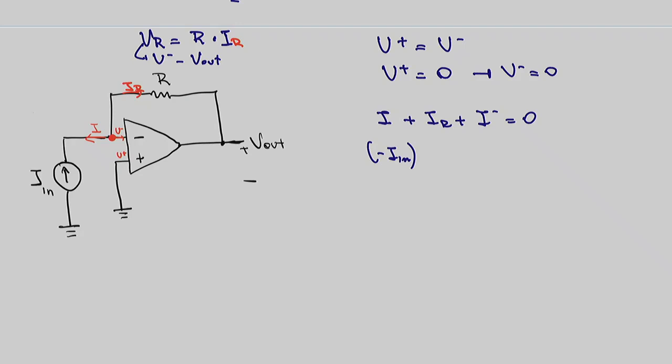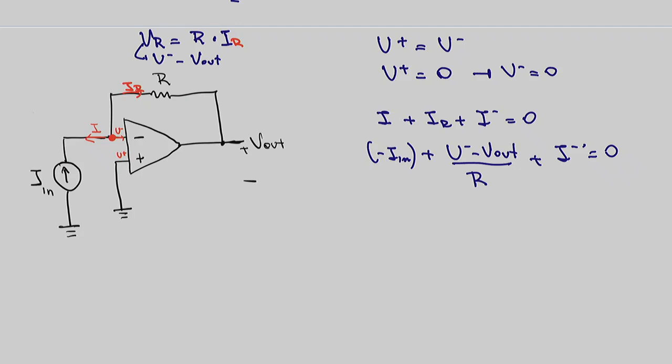Plus IR, now comes the IR, that is going to be U minus, minus V out over R, plus I minus, which is equal to 0.